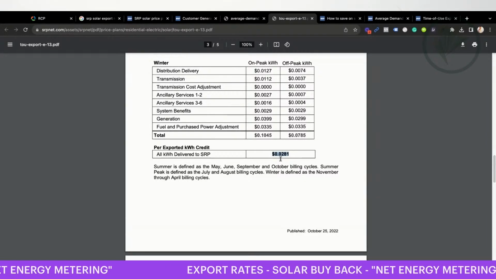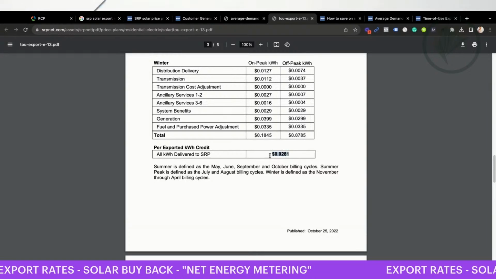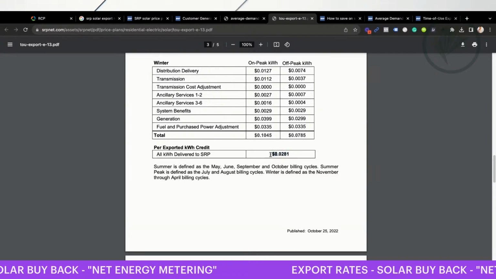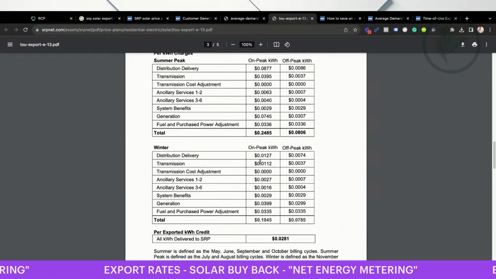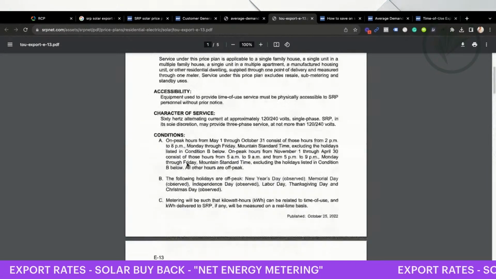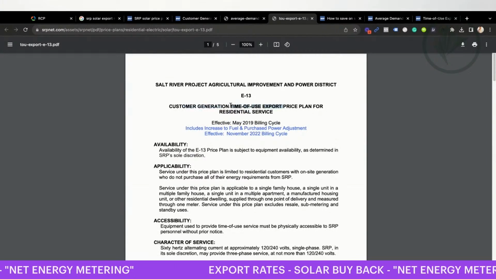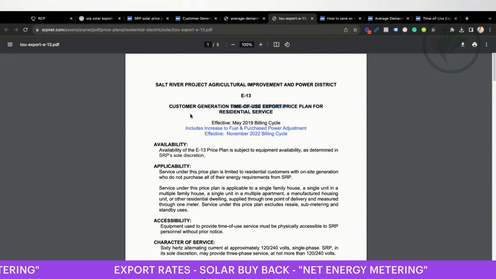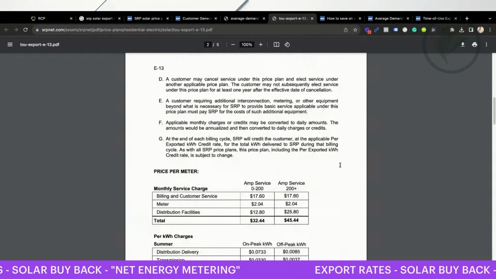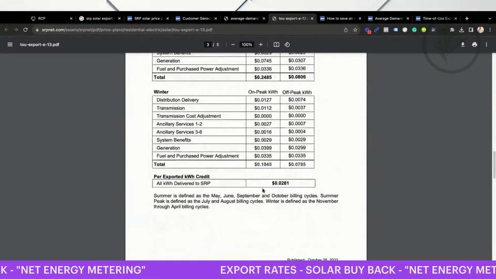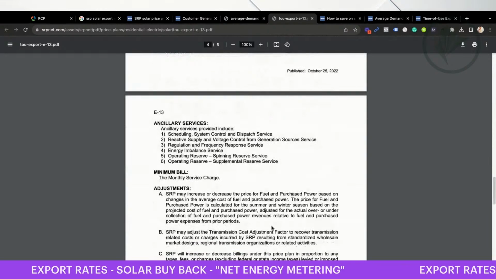That math is sad. So what do you want to do with this? You want to get a baby system, in my opinion. You do not want to maximize and overproduce your system on an SRP plan that is customer generation, time of use export. So just keep in mind that a huge system is essentially going to be giving power away at this point.